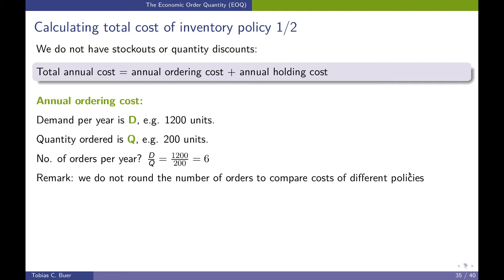Typically, when we do an analysis for the economic order quantity, we do not round the number of orders to compare the cost of different policies. So, if there's something like 6.5, we will not round. Of course, we cannot place a partial order, but in order to perform the analysis, we do not do rounding at this stage.